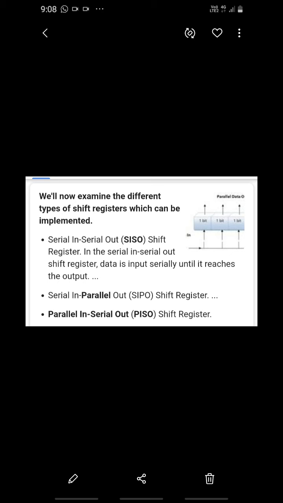A serial in, serial out register introduces time delay in data transmission. The IC7491 is an example for serial in, serial out shift register.